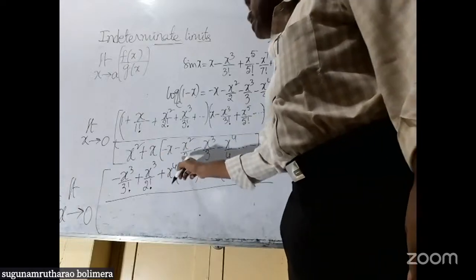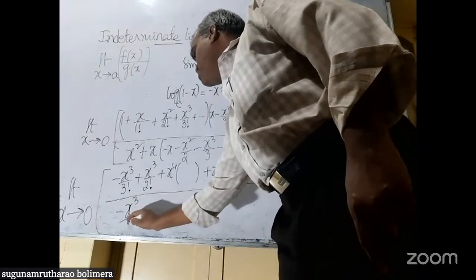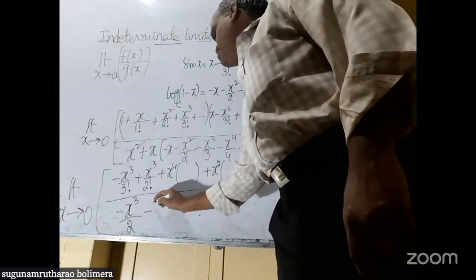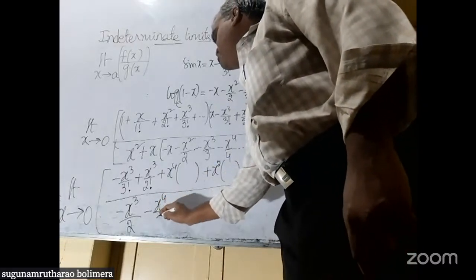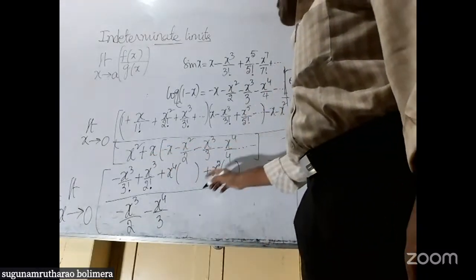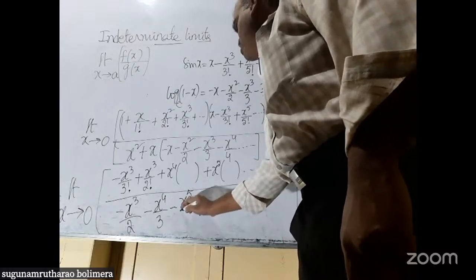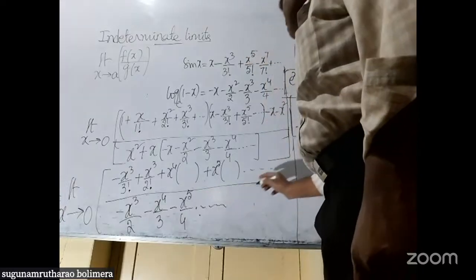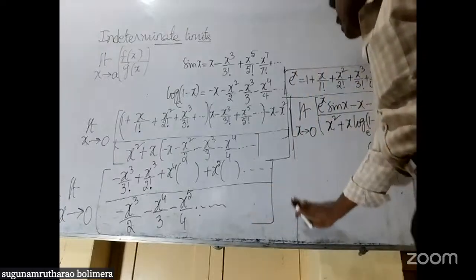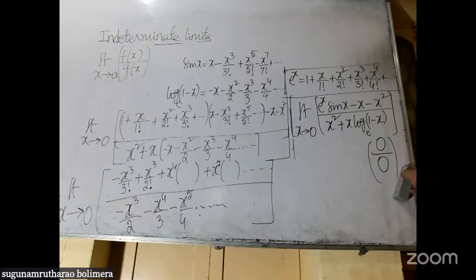So minus x cubed by 2, and minus x power 4 by 3, and minus x power 5 by 4, and so on. So it is very clear now, you are going to get the answer.